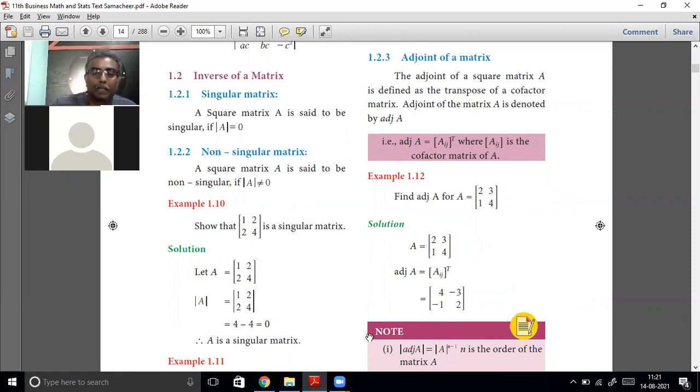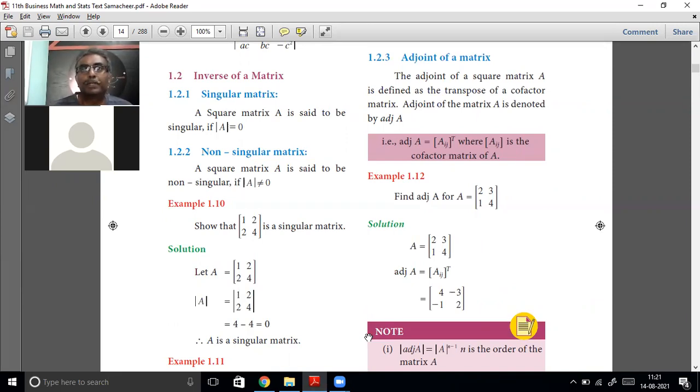If the determinant is 0, it is a singular matrix. If the determinant has some other value, either negative or positive, not 0, then it is a non-singular matrix. For a non-singular matrix you can have an inverse. But for a singular matrix, if the determinant is 0, you cannot get any inverse.